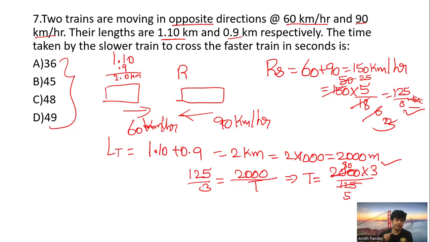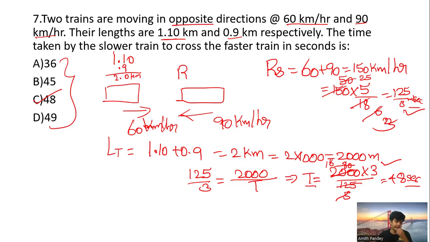And if your calculations are slow, you may lose the marks. So try to speed up yourself. Okay, next. 5 ones are 16, 5s are. So 16 threes are how much? It is 48. It is seconds, because we are talking about time. So the answer is 48 seconds.